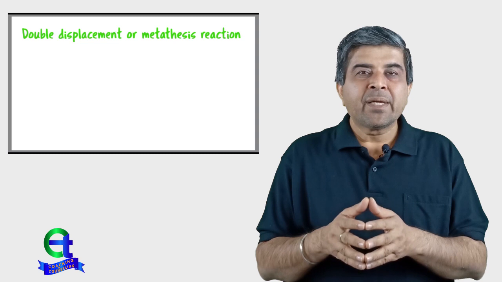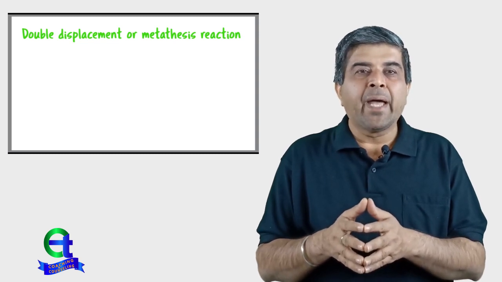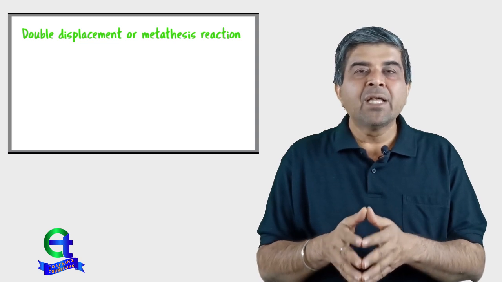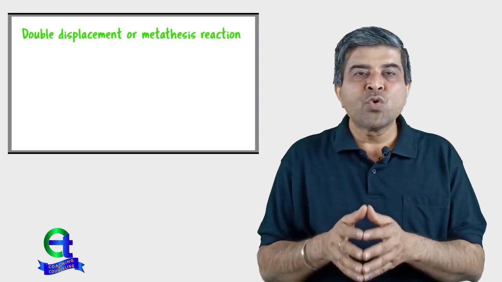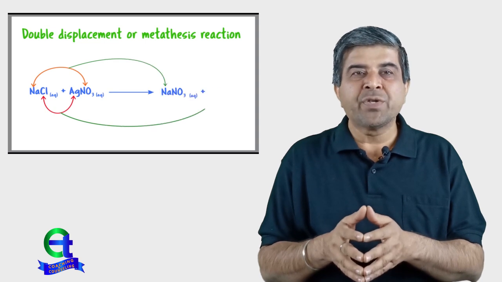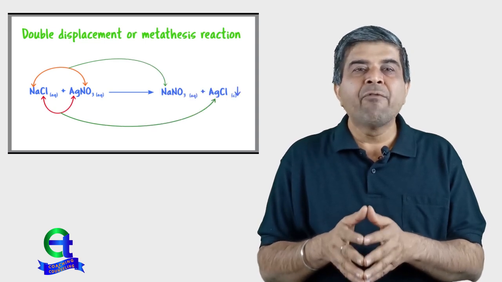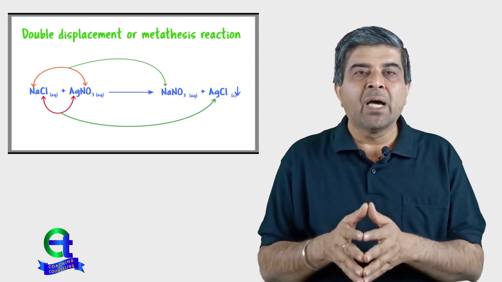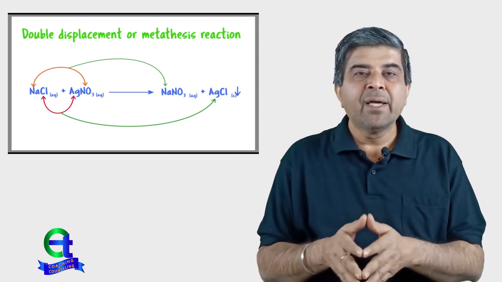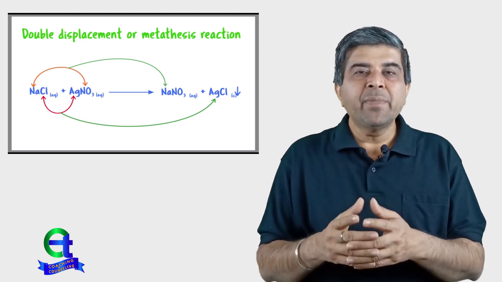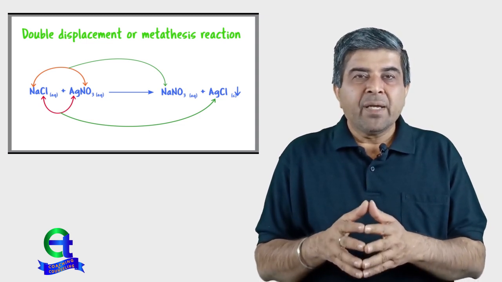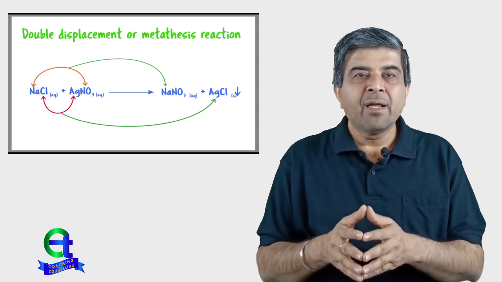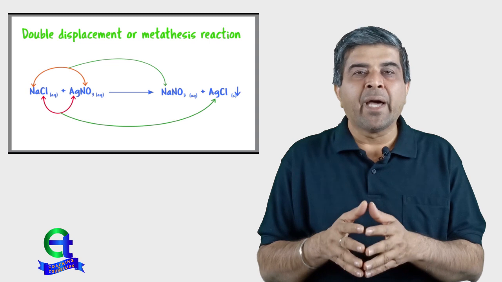Metathesis is when cations and anions exchange partners in the reaction. An illustration would be when sodium chloride solution is mixed with silver nitrate solution, double displacement or metathesis occurs, forming silver chloride and sodium nitrate. In the reaction, nitrate ions in silver are replaced by chloride ions.